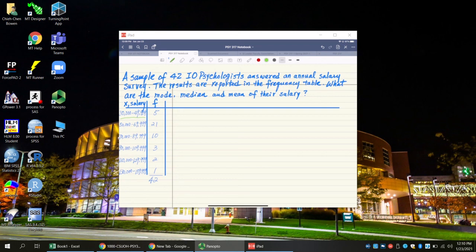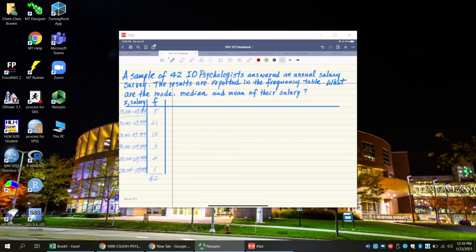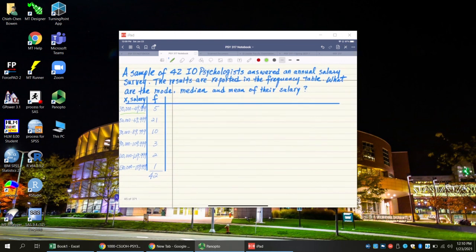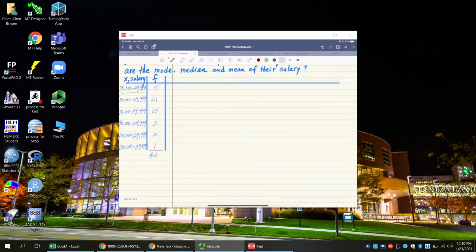Okay, so in this particular case, we have mode. We need to answer that. Mode is the value with the highest frequency. So we go to the highest frequency. It's 21. And remember, the answer is the value. So the value is, we can just use that equal interval as our answer.